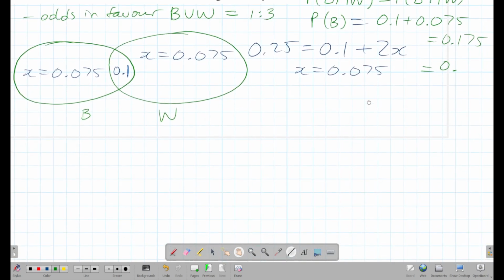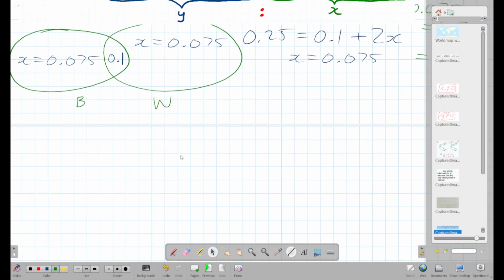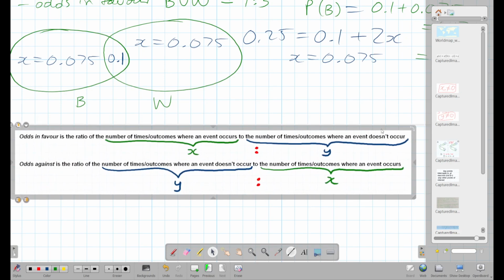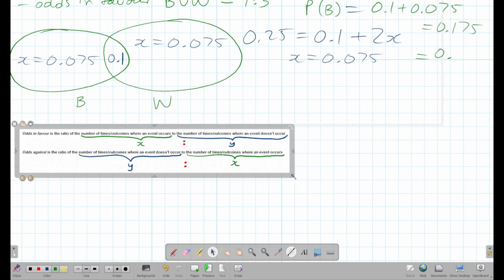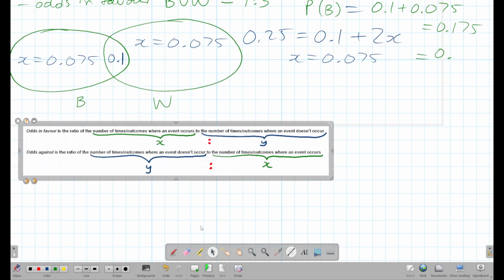And if you don't remember what those are, I will give you a little bit of a reminder. But if you are unfamiliar with the equations, or how to convert odds into probabilities and back into odds, watch the videos on odds. I think that's chapter 6.2, or just read your notes again on odds.